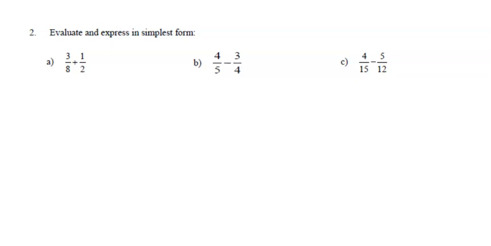A common denominator, right? So in order to add fractions, we need a common denominator. And that common denominator is going to be a number that both of these guys go into, and it is 8. So we've got to change the 1/2 into something over 8.